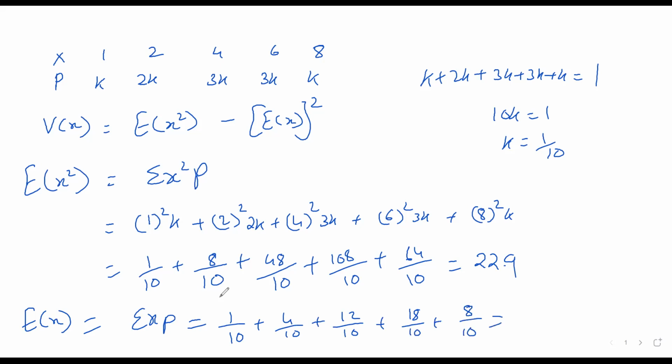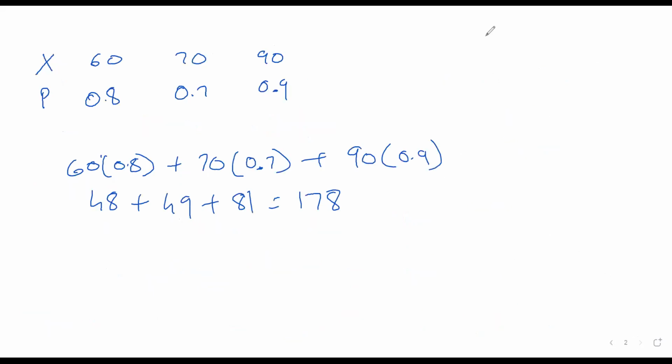It is 5, 17, 35, 17 plus 18 plus 8, 43 by 10. So that is 4.3. Now the variance is 22.9 minus 4.3 bracket square.